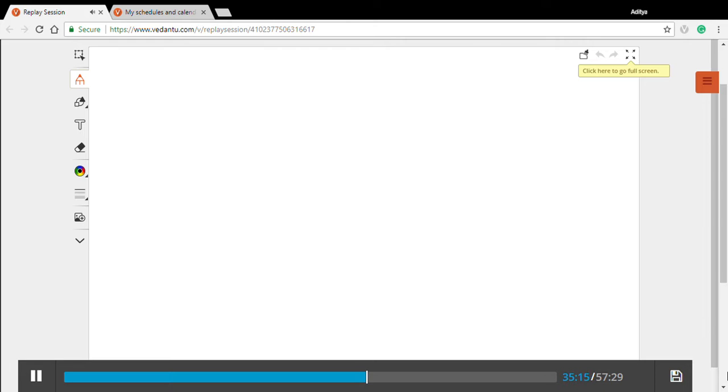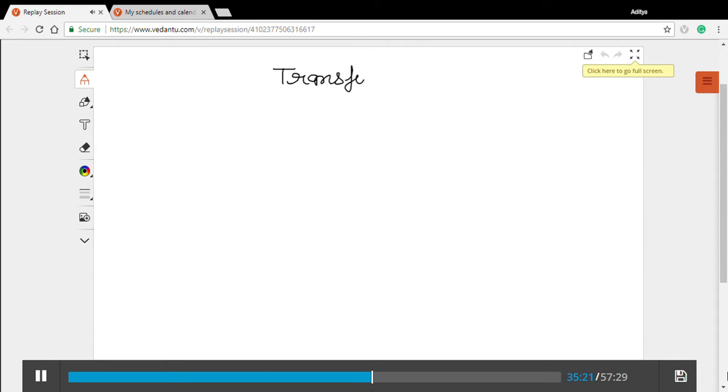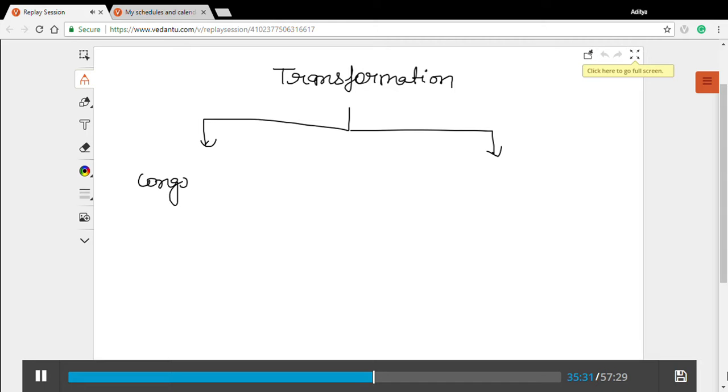So the first thing you have to notice, it's a transformation, right? Then the second thing that you must think is whether it's a kind of congruent figures or it's non-congruent. Whether it's congruent or it's changed. If it's congruent, there could have been a rotation, or it could have been a translation.